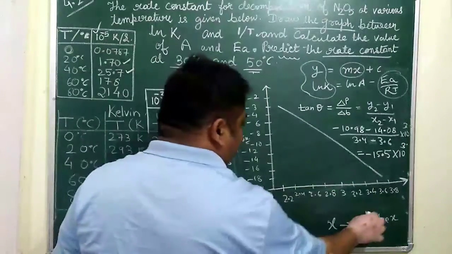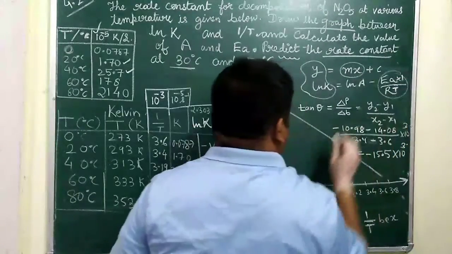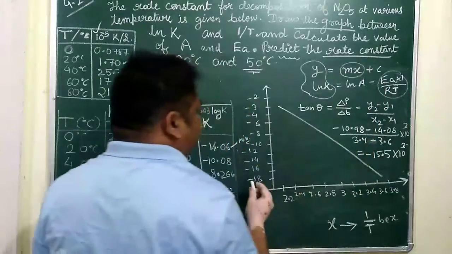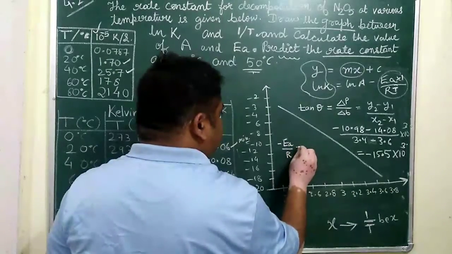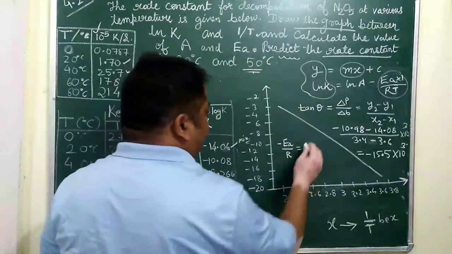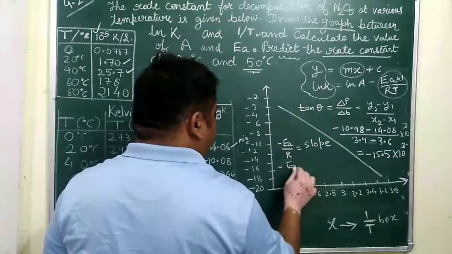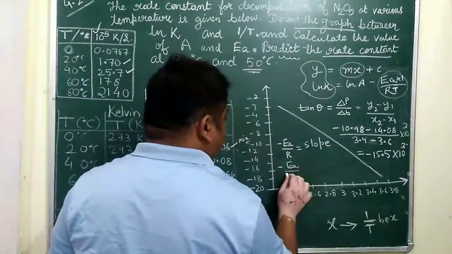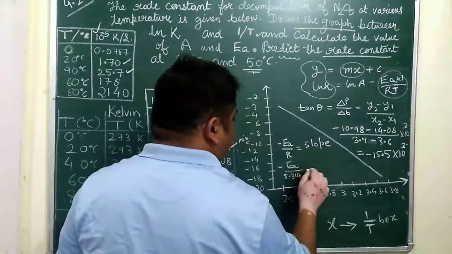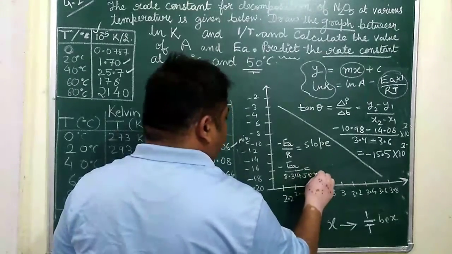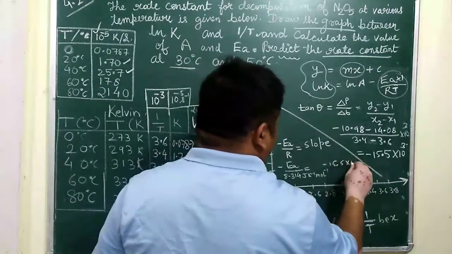But as I told you, 1 by T is x. So slope is minus Ea by R. So minus Ea by R, that means R is 8.314 joule per Kelvin per mole, is equal to minus 15.5 into 10 to the power 3.